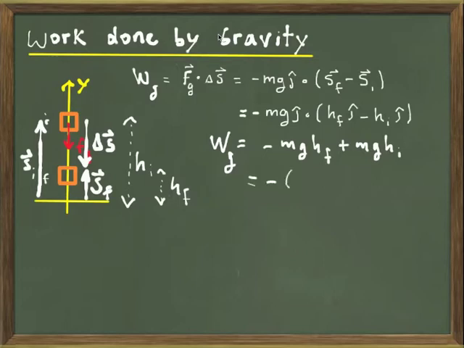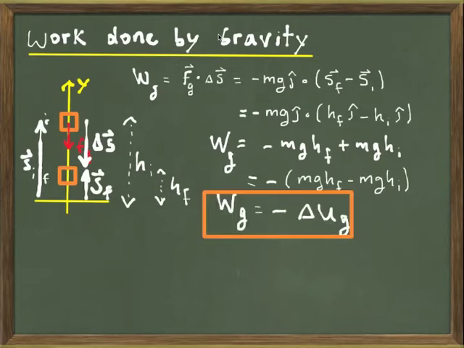So I got that the work done by gravity, I'm going to pull out a minus sign to write it in a standard way, is minus (mghf minus mghi), potential energy. So the work done by gravity is equal to the negative of the change in potential energy.